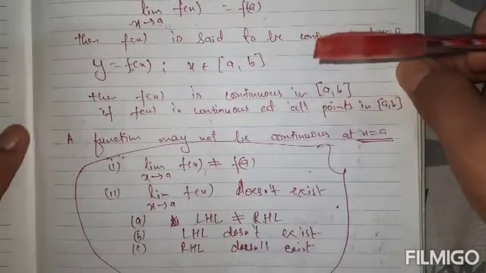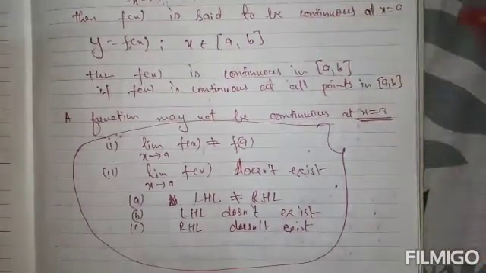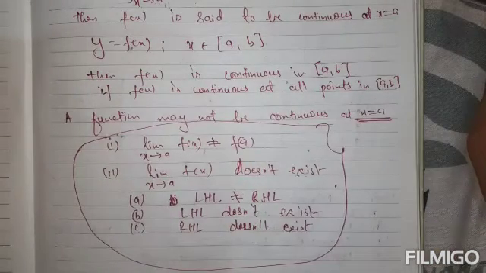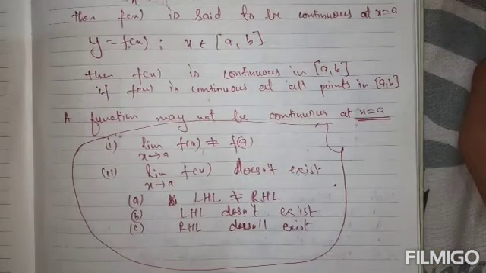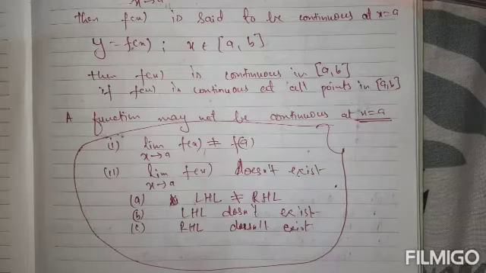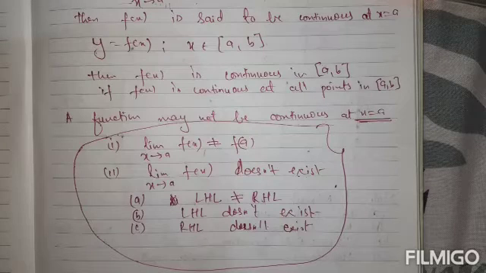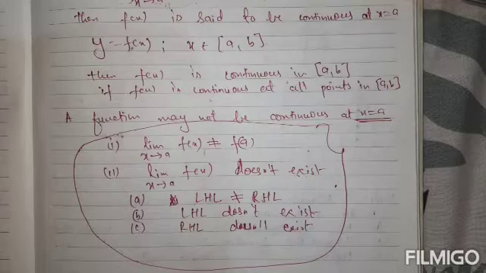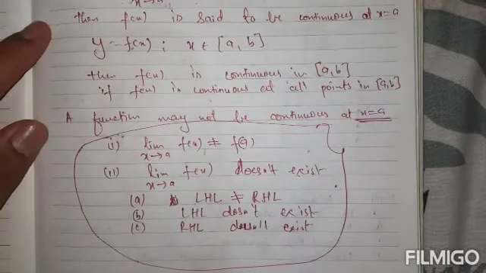Means we try to find some point where the function may not be continuous. If we cannot find any such point, then we say that the function is continuous everywhere. Otherwise, if we can find any point where the function is not continuous, then we say that the function is not continuous in the given interval.